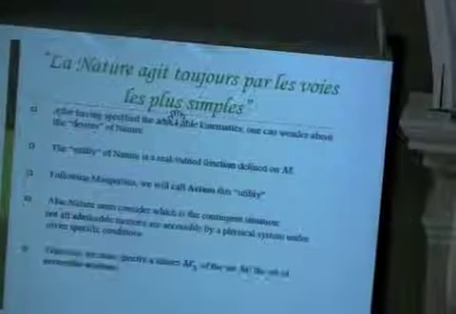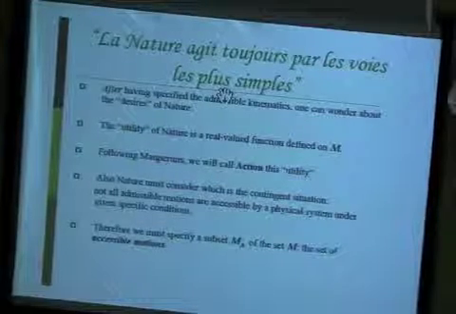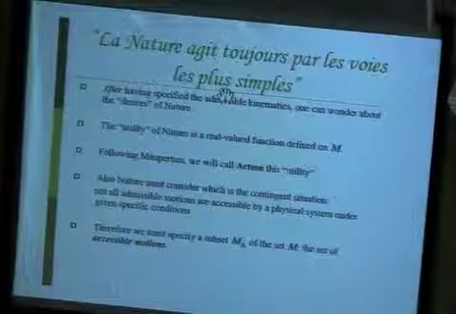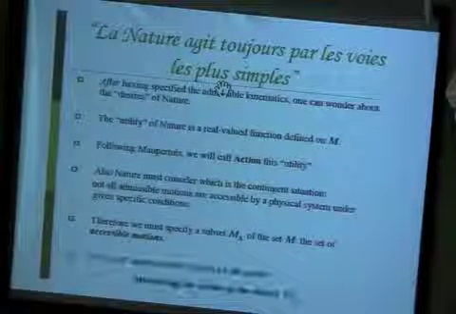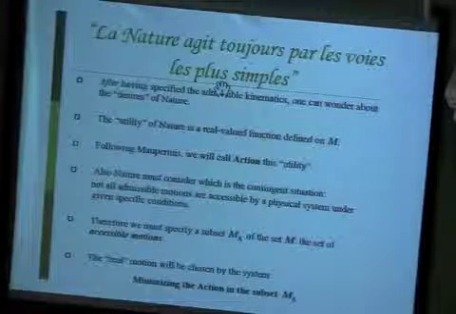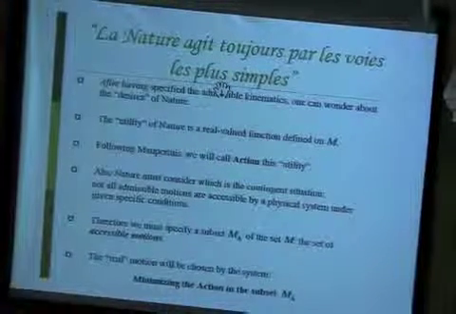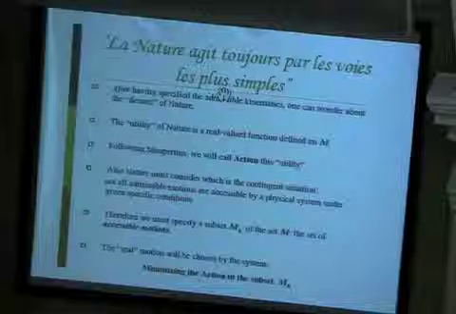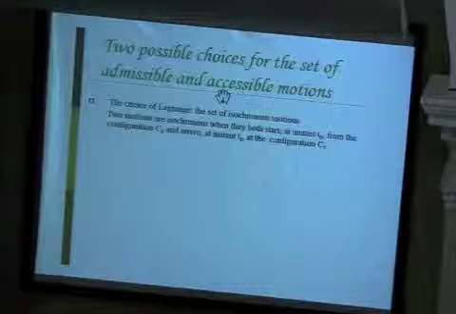So the most important thing is to clear up what is the admissible kinematics. Okay, Maupertuis calls the utility to be minimized or maximized action. This is now clear. When you specify the accessible motions, then you need to minimize action there.